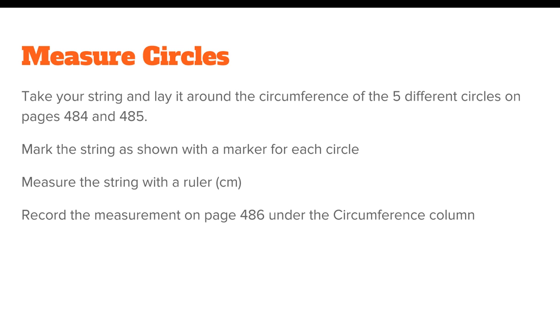Look where you marked the string, measure each mark, and see how many centimeters that is. And then take those measurements and record them on page 484 under the circumference column. So I'm going to make sure that you pause here, or pause whenever you need to, so that you can understand what you're supposed to do.